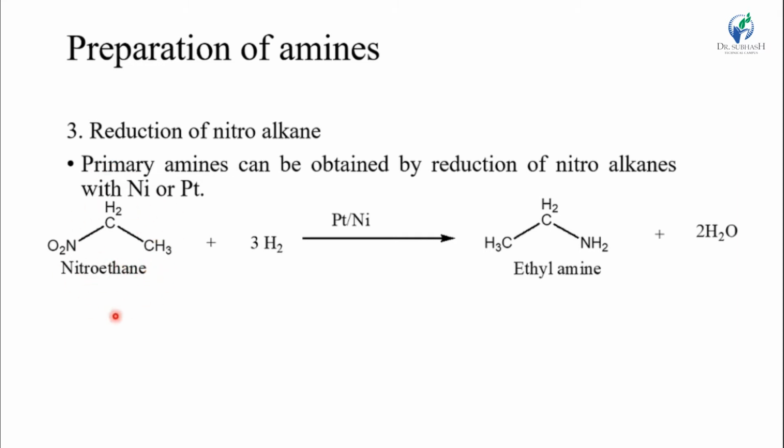Nitroethane plus 3H2 in the presence of reductive agents gives ethylamine, and two water molecules are removed. So 3H2: 2H2 bind with the O, and the O is replaced with H2. So here 2H2 are attached with the O2, making 2H2O molecules.